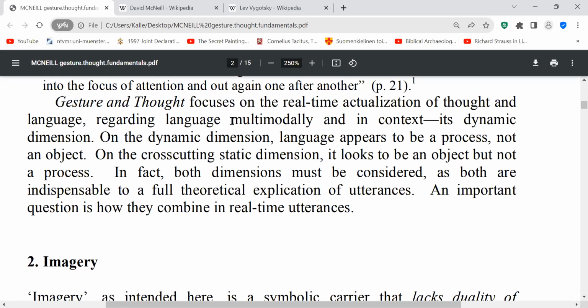Gesture and Thought focuses on the real-time actualization of thought and language, regarding language multimodally and in context, in its dynamic dimension.